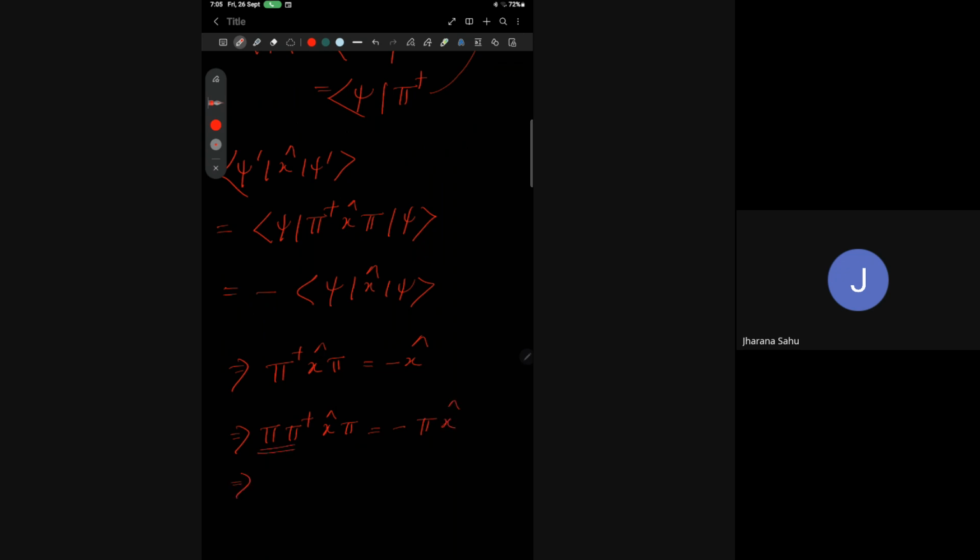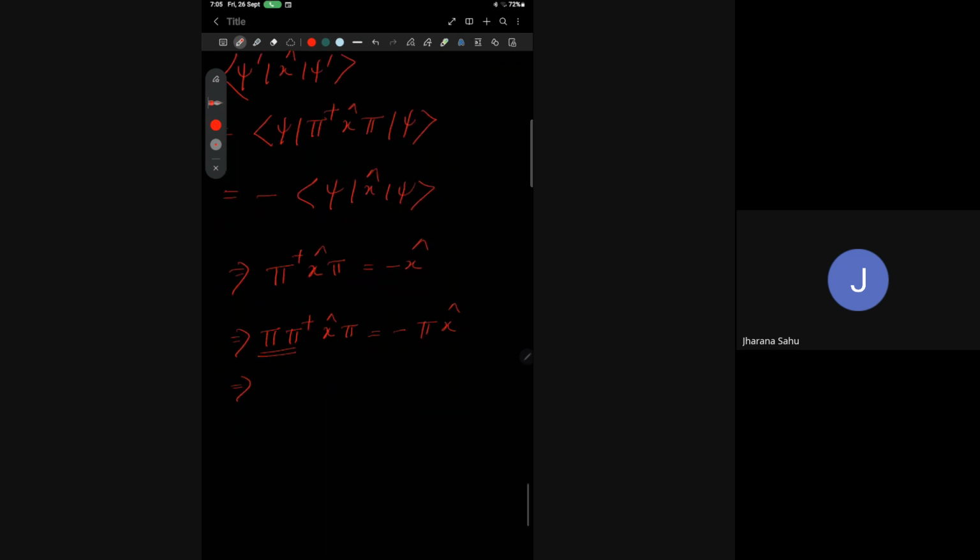Now pi dagger pi must be equal to identity since they are unitary. So x pi must be equal to minus pi x, or x pi plus pi x is equal to 0.